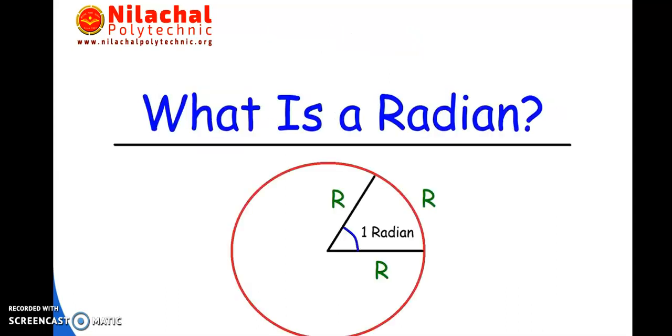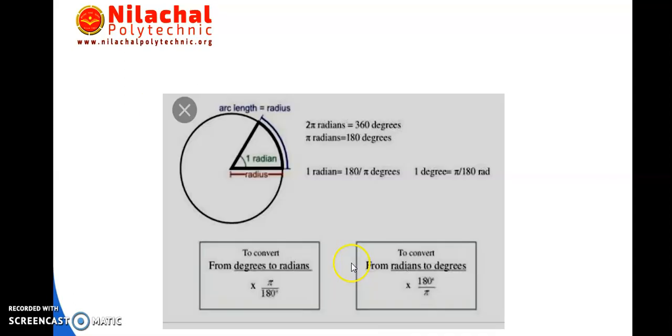Now, what is a radian? You know about this. Let us consider the arc length and the radius. 2 pi radians is 360 degrees, and pi radians is 180 degrees. So 1 radian is equal to 180 divided by pi degrees, and 1 degree is pi by 180 radians.